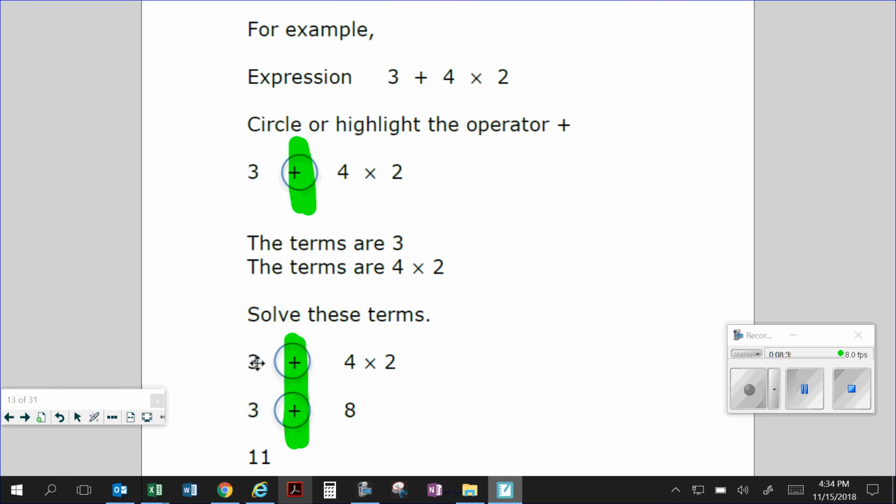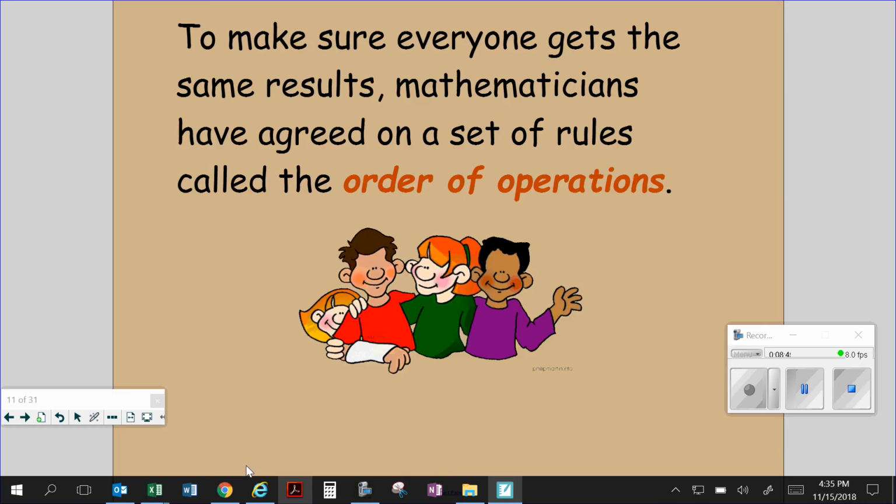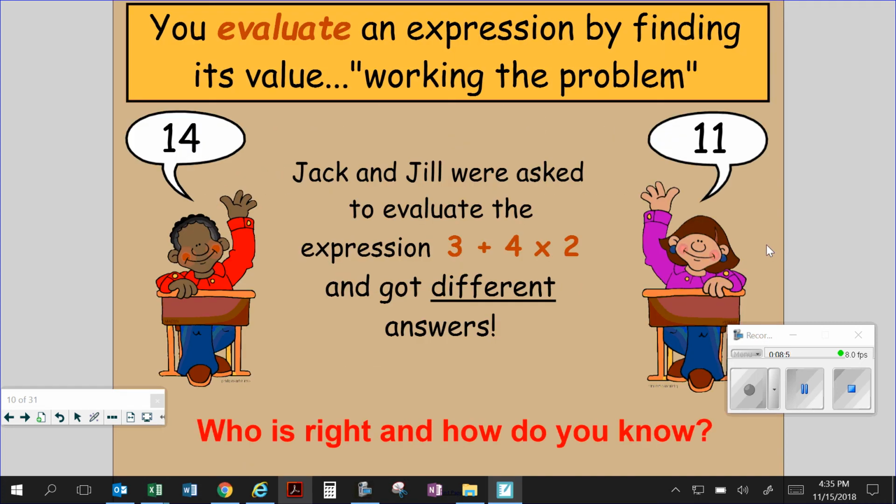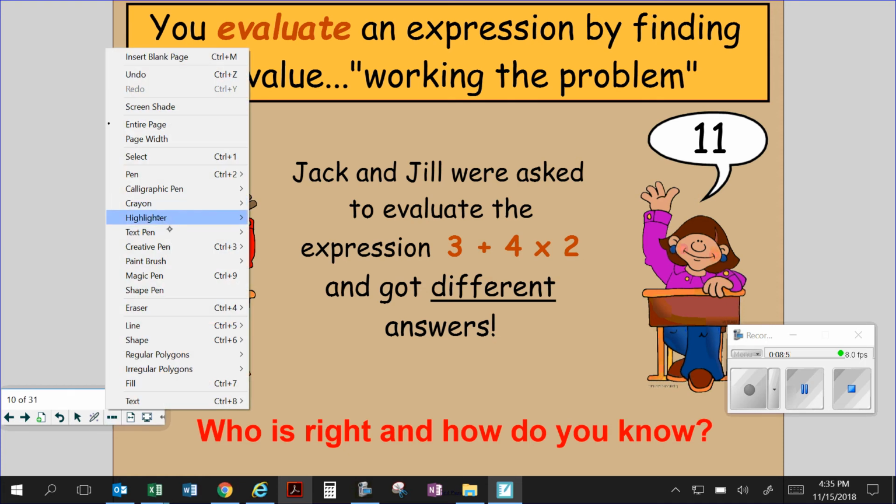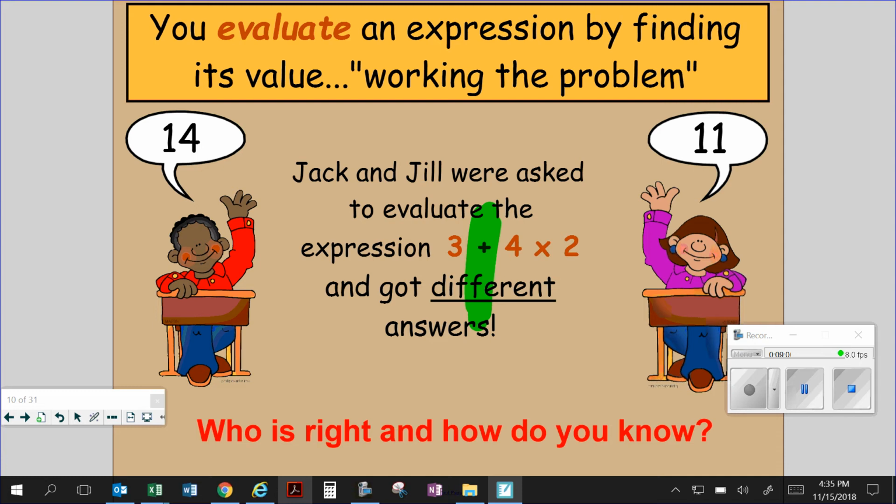So what is 3 on the left side? It's just 3. And on the right term, you see 4 times 2, which is 8. So 3 plus 8 is 11. That's why Jill is correct. She was able to separate this. Let me get my highlighter and show you. We separate it from 3. 4 times 2 is 8 on the right side. 3 plus 8 is 11.